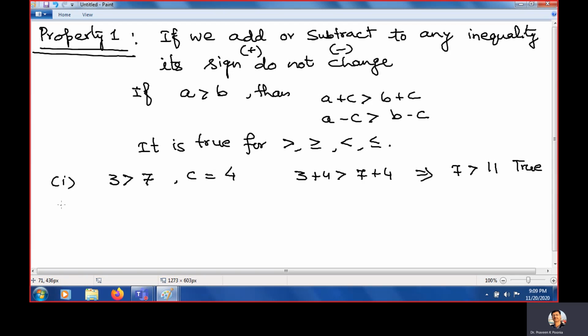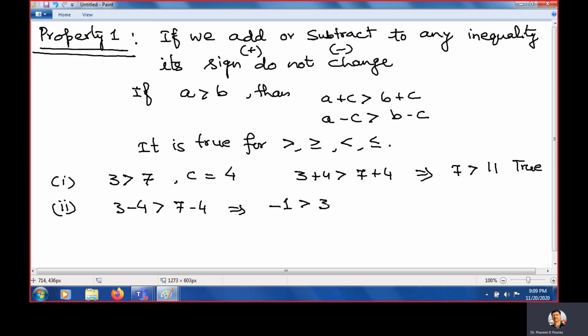If 3 minus 4 greater than 7 minus 4, 3 minus 4 is minus 1, greater than 7 minus 4 is 3. Oh my God, I have taken this example wrong.